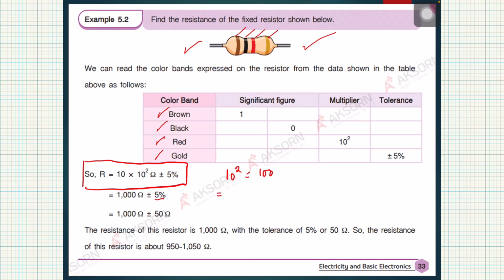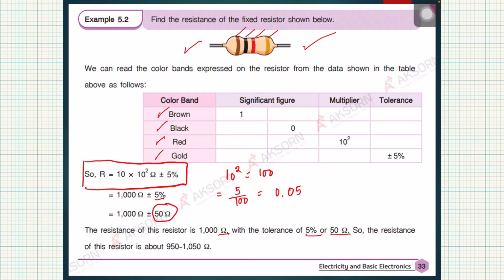When you multiply with a percentage, 5 over 100, you change that into 0.05, right? So 1,000 times 0.05 will give you 50 ohms. Is that clear? So the resistance of the resistor is 1,000 ohms with a tolerance of 5% or 50 ohms.